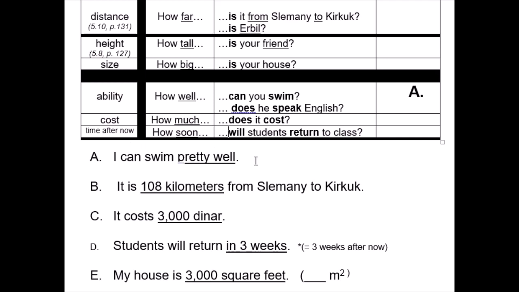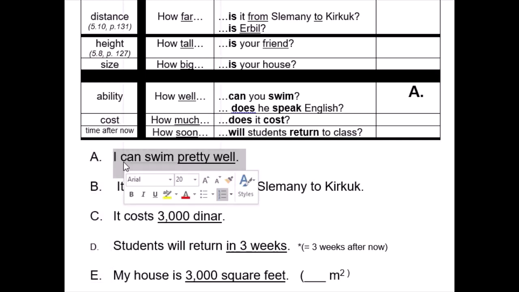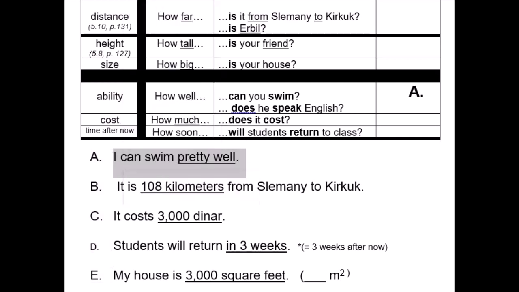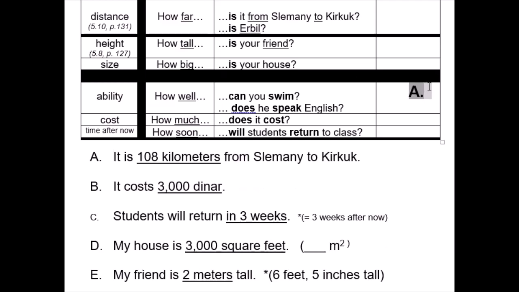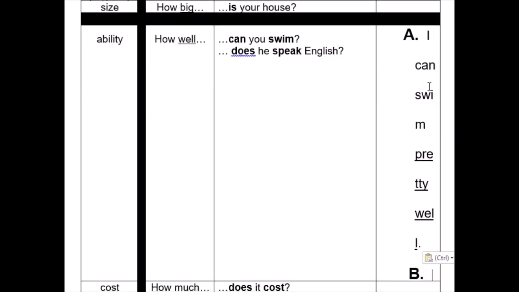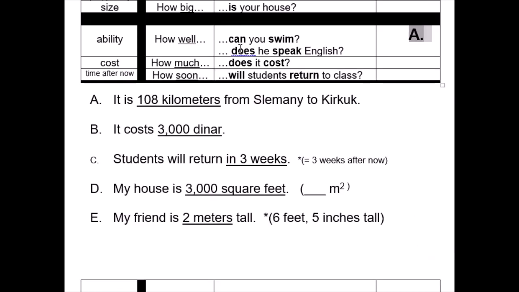I can swim pretty well. Okay, so then look at the questions. Okay, it's ability. How well can you swim? So A, I can swim pretty well. All right, so I'm going to put this in the answer. Actually, we'll just put the letter, okay?